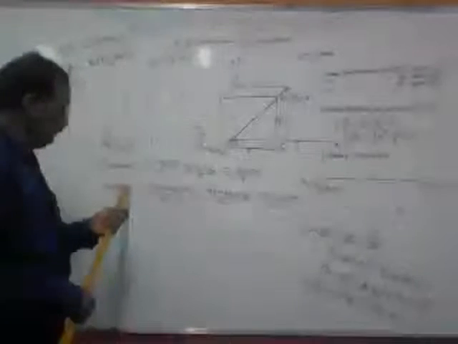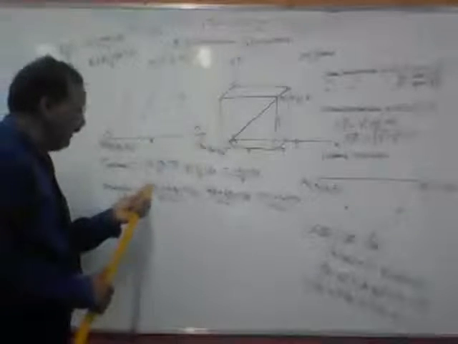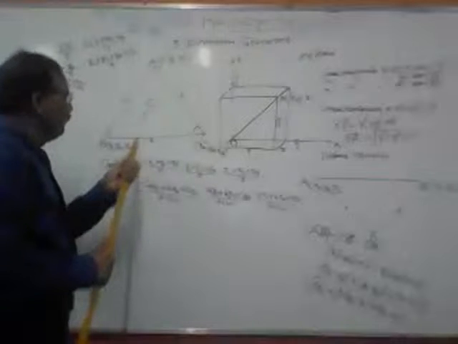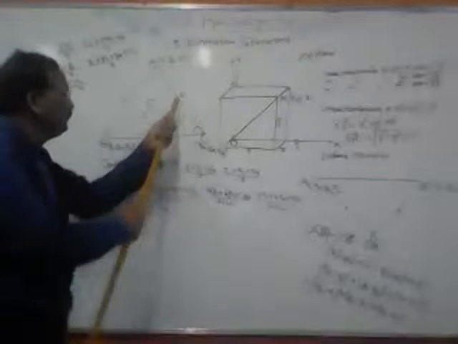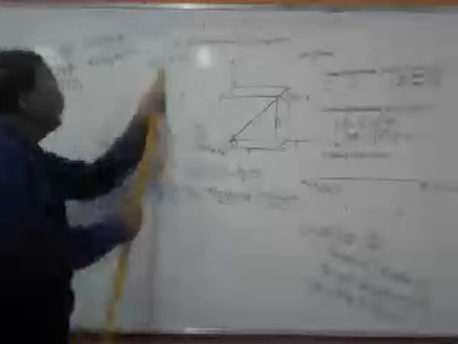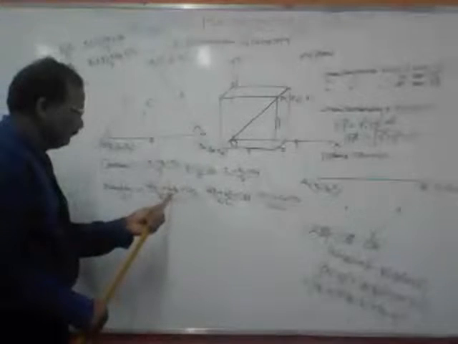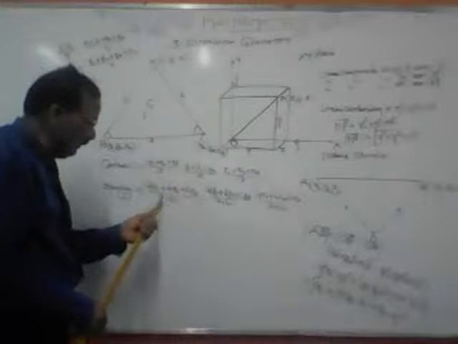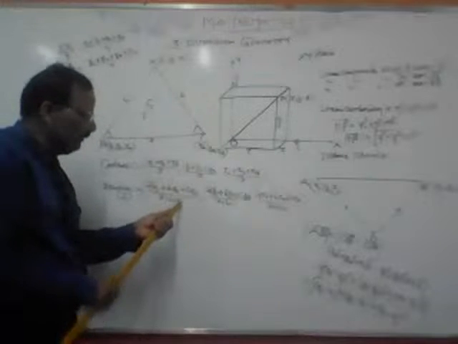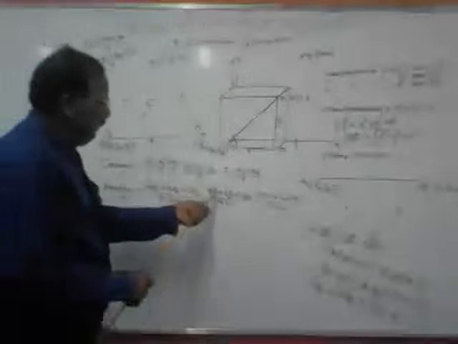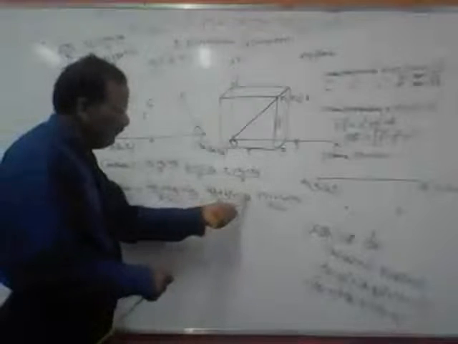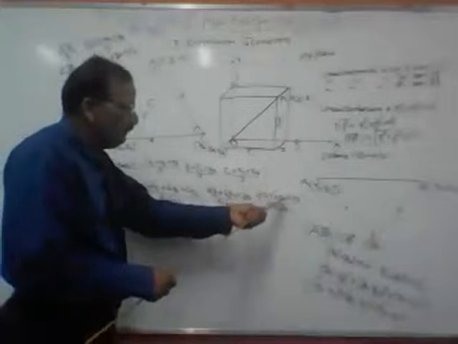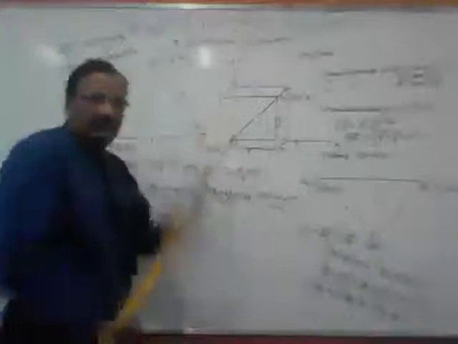And incenter I is equal to (ax1 plus bx2 plus cx3) upon (a plus b plus c), in the same way (ay1 plus by2 plus cy3) upon (a plus b plus c), and (az1 plus bz2 plus cz3) upon (a plus b plus c).